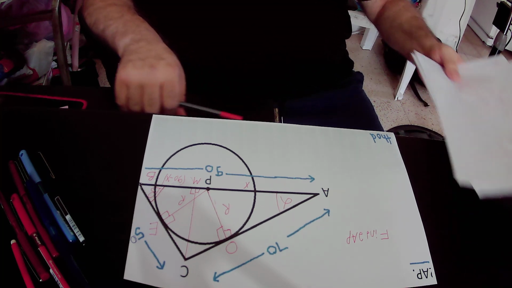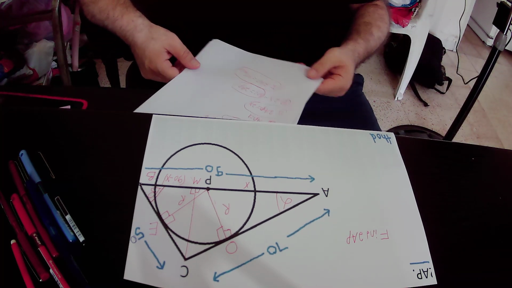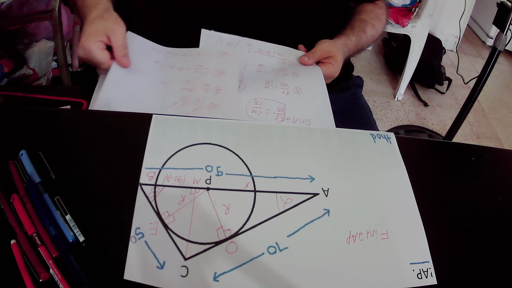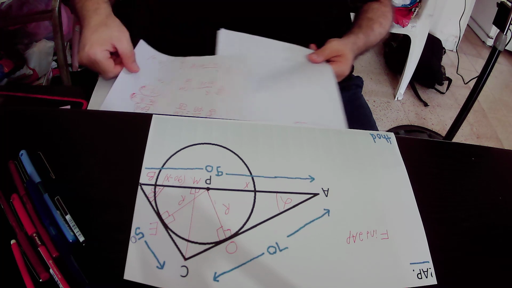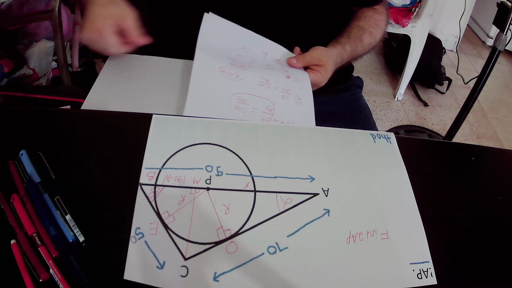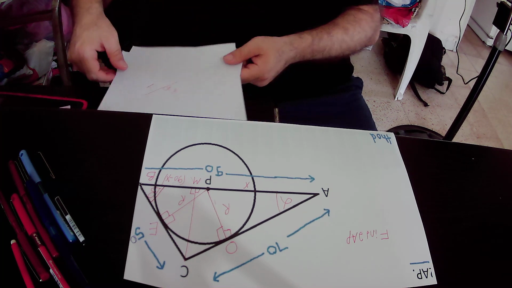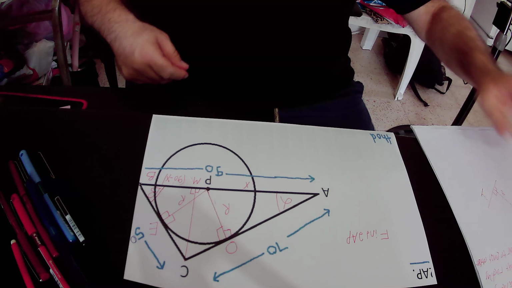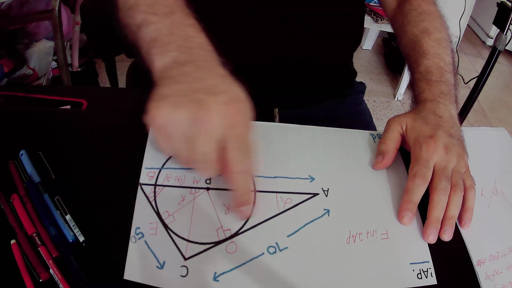Okay, so now I will summarize the lecture. Actually, we wanted to find the value of 2 times AP, and we have the triangle ABC.